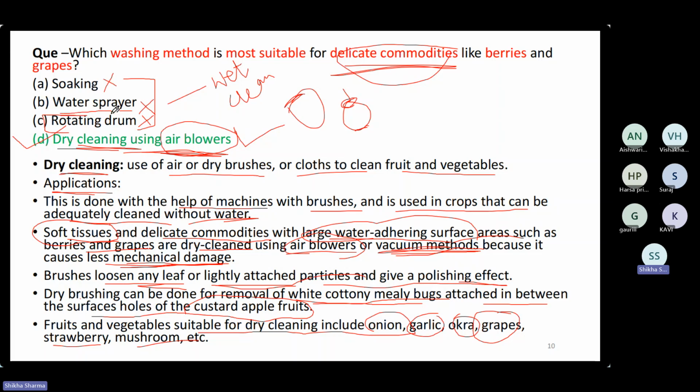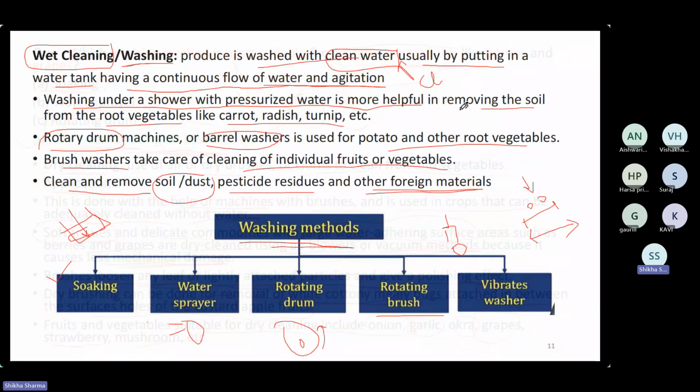In water sprayers, water pressure can damage, and in soaking, it's a little less abrasive method in wet cleaning, but here also the agitation is there, so it can harm the food product. So D is the correct answer, the most delicate is D.